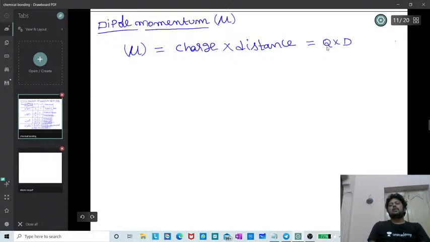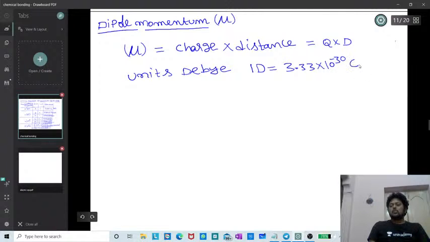So q times d is called the dipole moment, which has the unit Debye. It is represented with capital D. One Debye is equal to 3.33 × 10^-30 coulomb meter, where coulomb is the charge unit and meter is the distance unit.